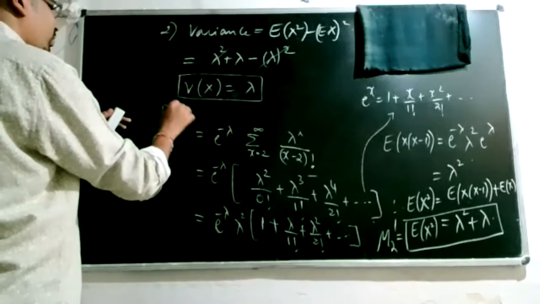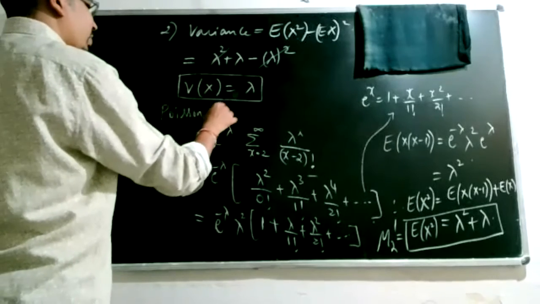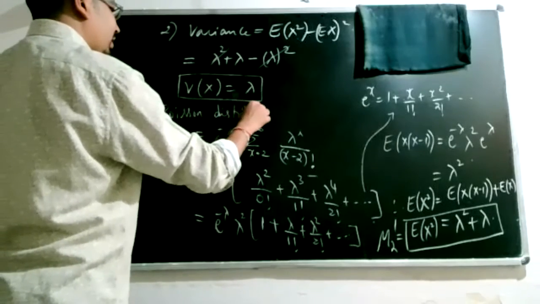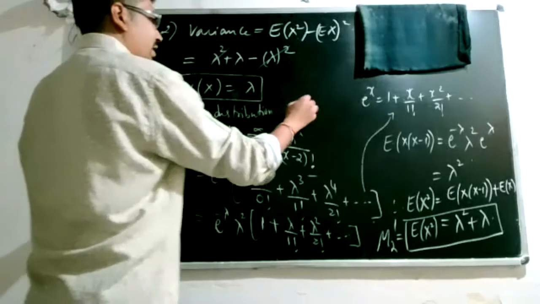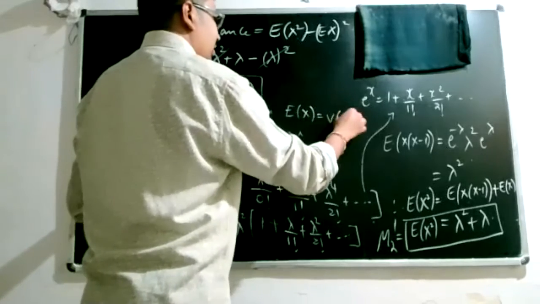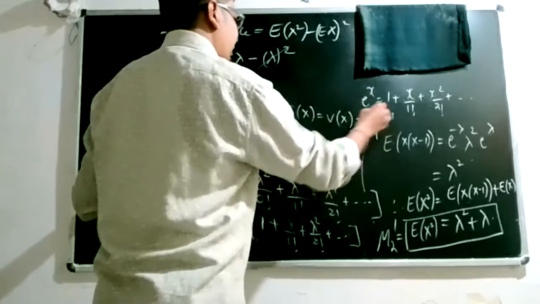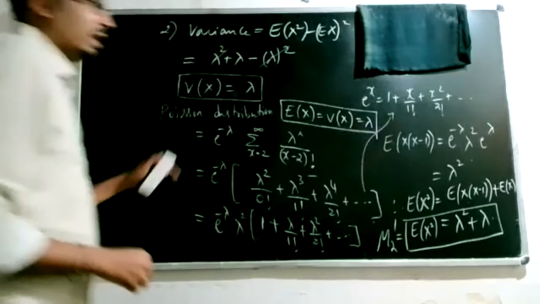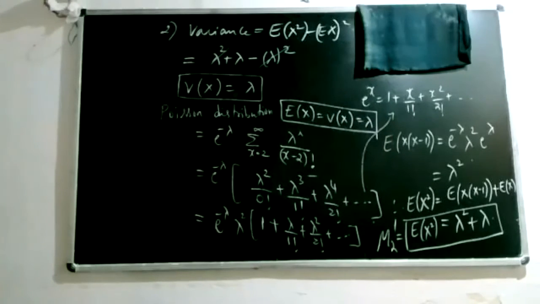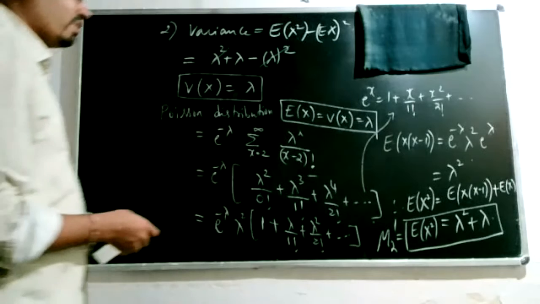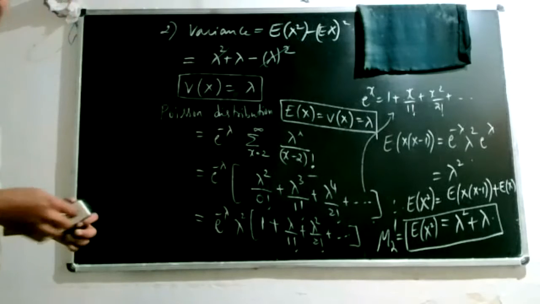So the Poisson distribution is a special distribution where mean and variance are the same. You can imagine if our mean is large, variance is also large. That means for larger values of lambda, much variation will be observed.